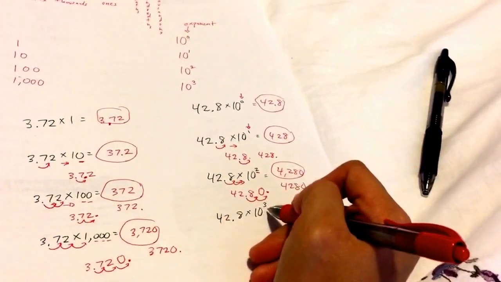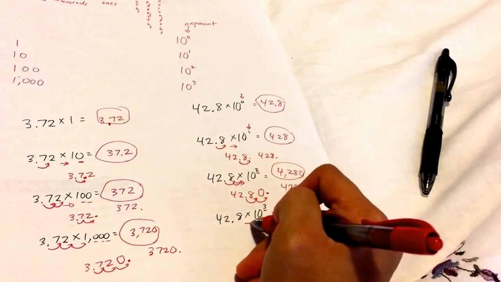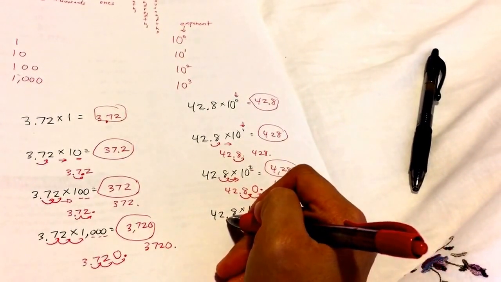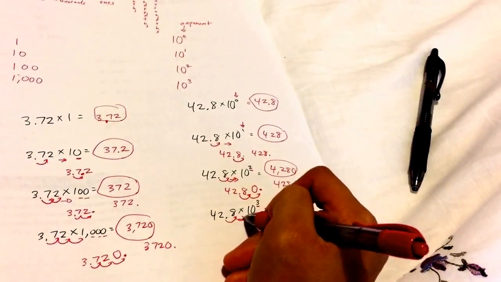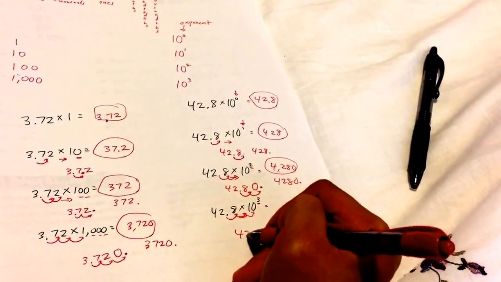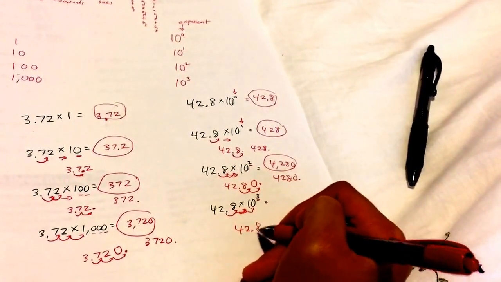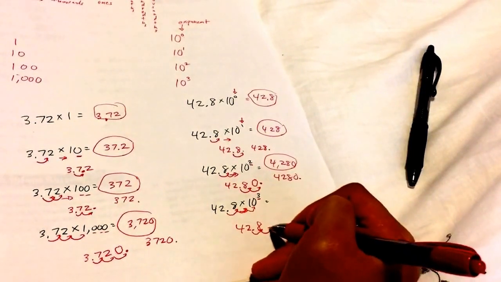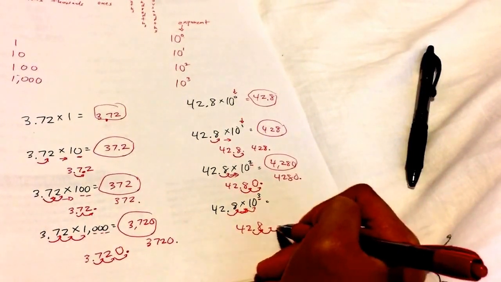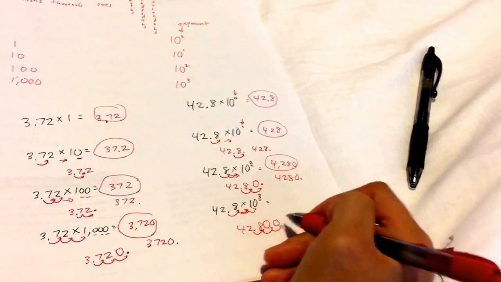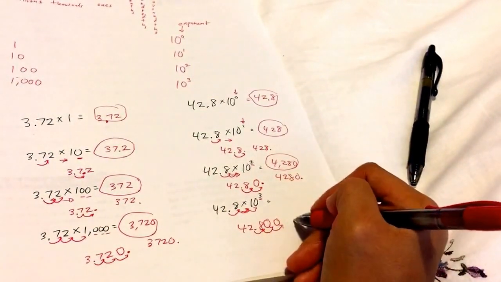And last but not least, we're going to move it 3 times to the right because we're multiplying, getting bigger by a number larger than 1. So we're going to go 1, 2, 3. You can see here it gets a little messy, so I'm going to rewrite at the bottom. 42.8, moving it 1 time behind the 8, a second time, and a third time. Now I have 2 places where you need to substitute a place value of 0.